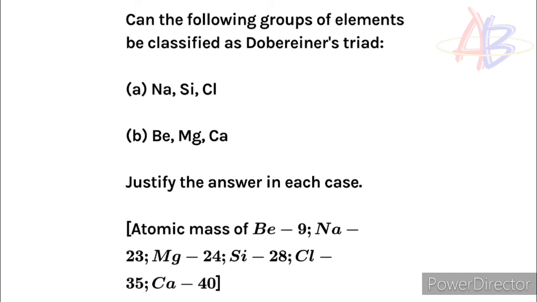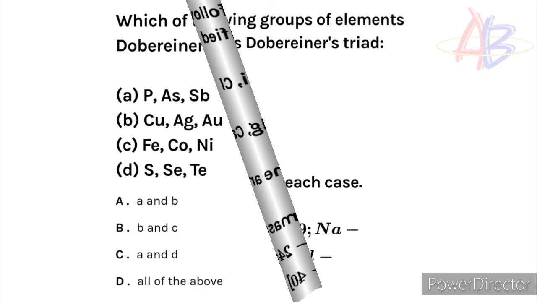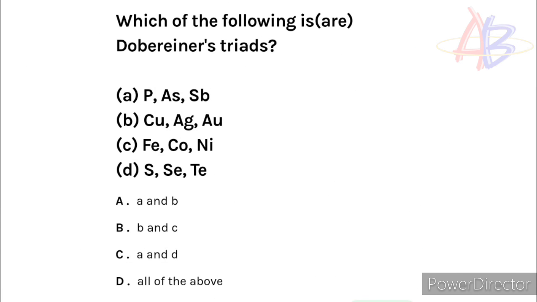Atomic masses of all the elements in the question are given in the box. Question number 5. Which of the following is or are Döbereiner's triads? Option A, phosphorus, arsenic, antimony. Option B, copper, silver, gold. Option C, iron, cobalt, nickel. Option D, sulfur, selenium, tellurium.